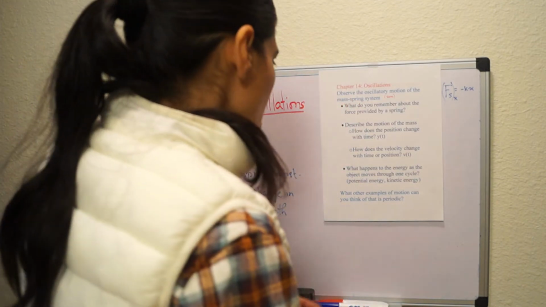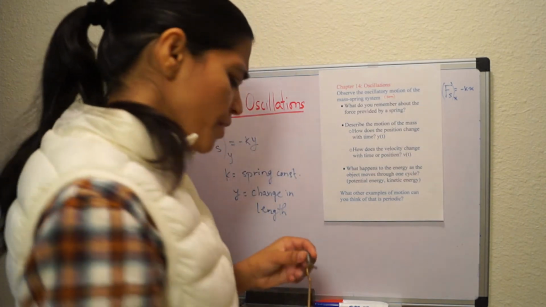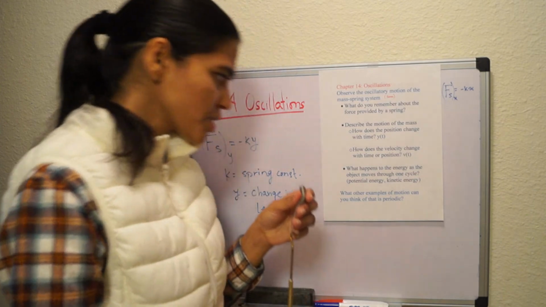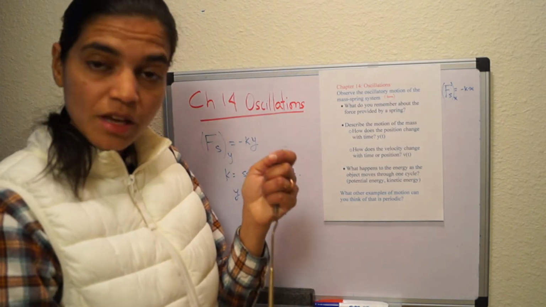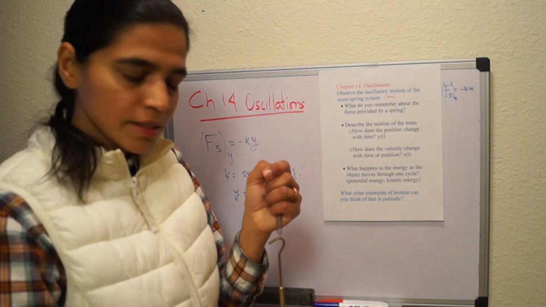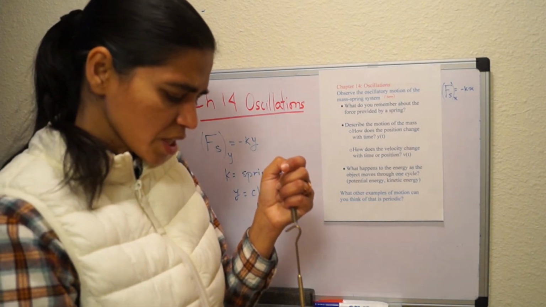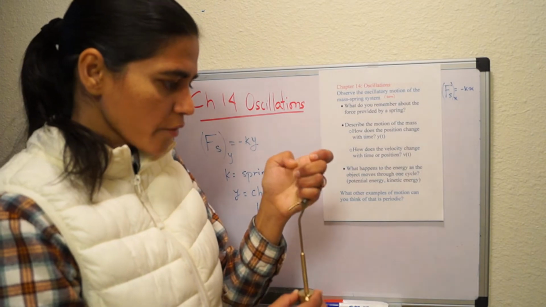Okay, so what do you think about how the velocity changes with time for this object? Let's think about that. We know the position is changing as we go away from the origin.